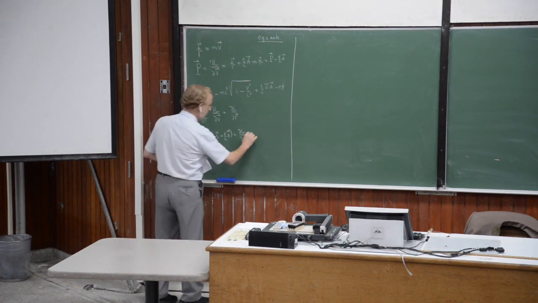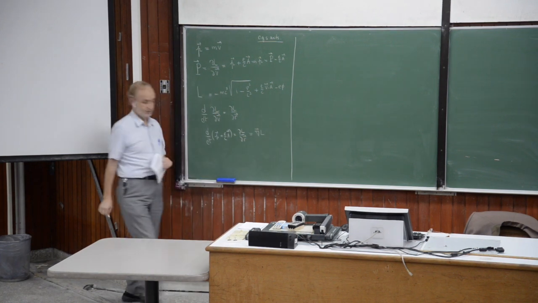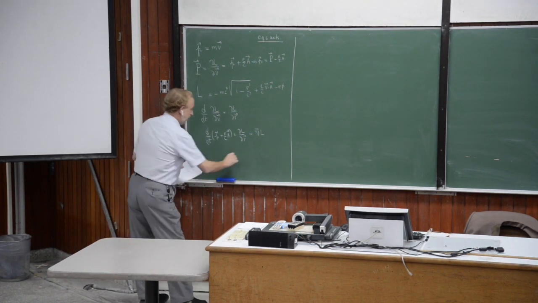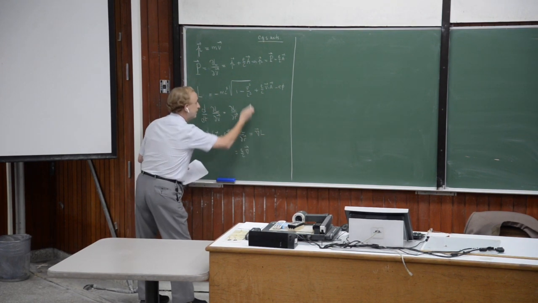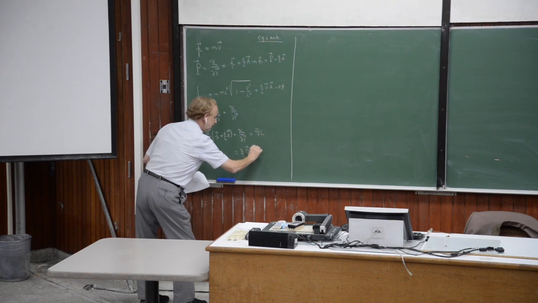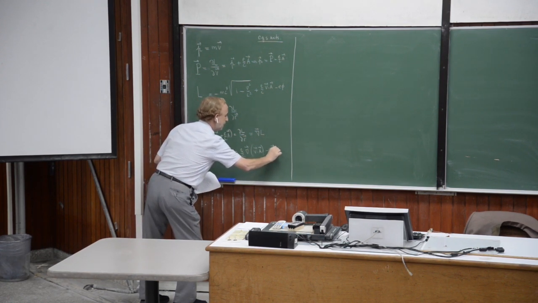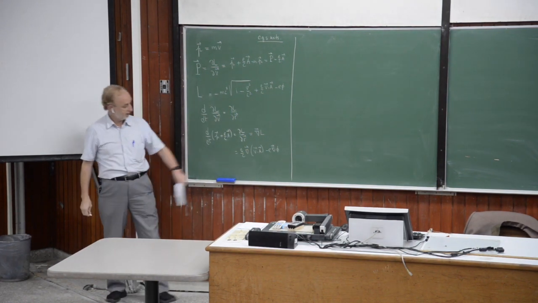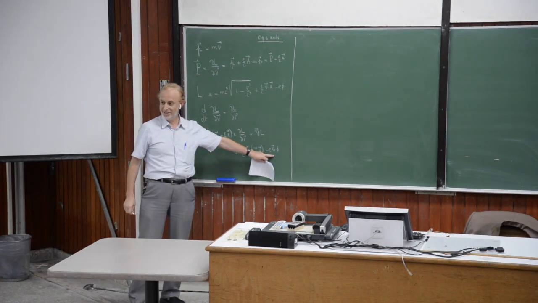Now, this we write as the gradient of L. So this is equal to e over c, the gradient of v dot A, minus e, the gradient of phi. And you start here seeing a part of the electric field.